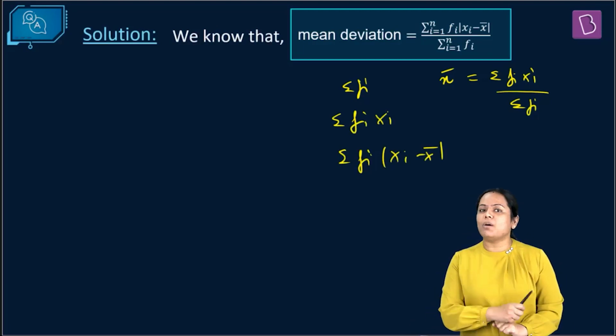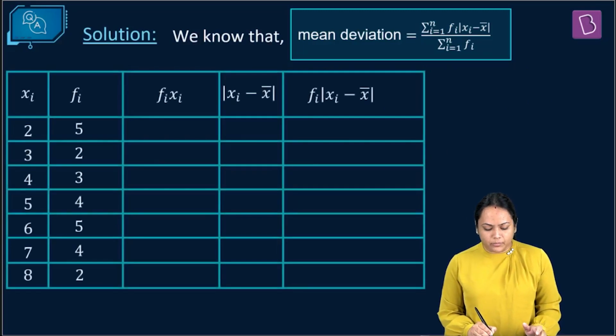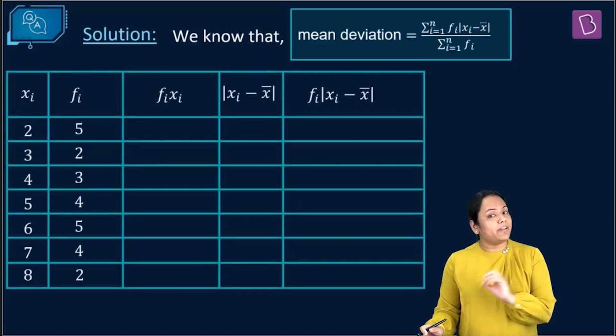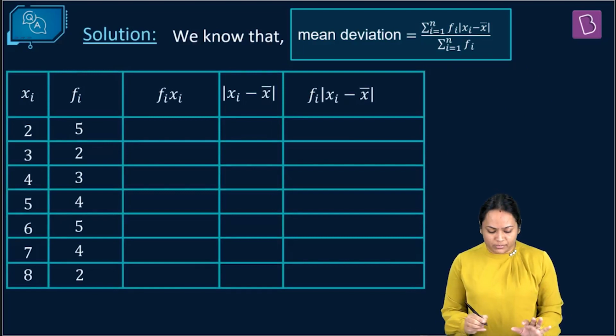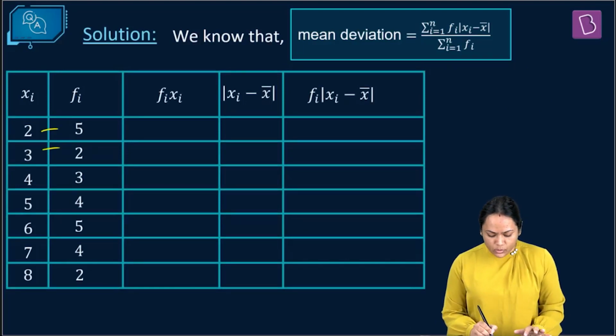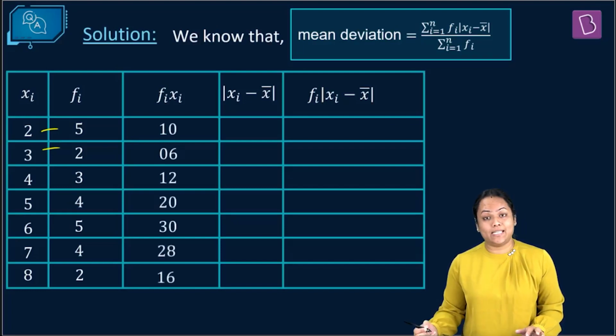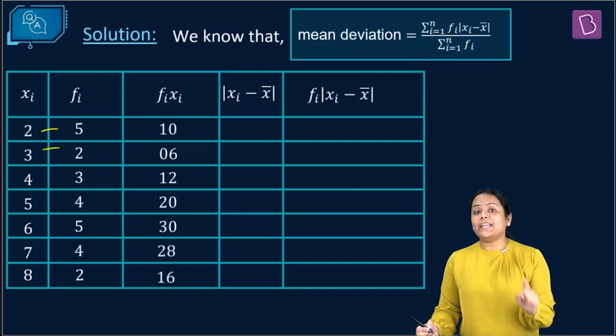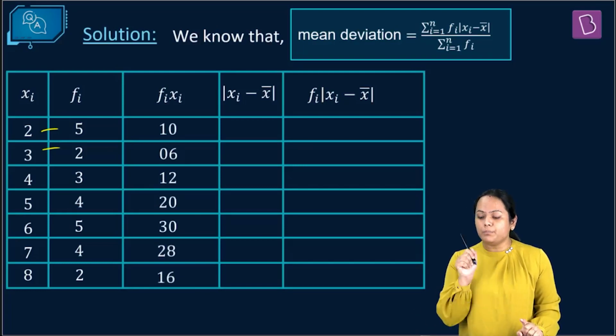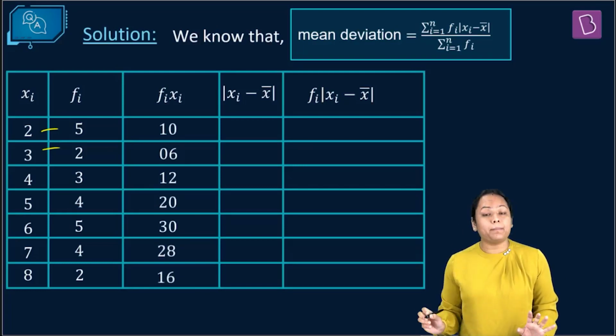So quickly, let's form a table. I have the table with me and I have all this data. Xi, fi is there. So for fi xi, I have to just multiply these quantities. It's going to be 10, then 6, then 12, 20, 30, 28, and 16. Then I'll find xi minus x bar, but before that, I have to find my mean.